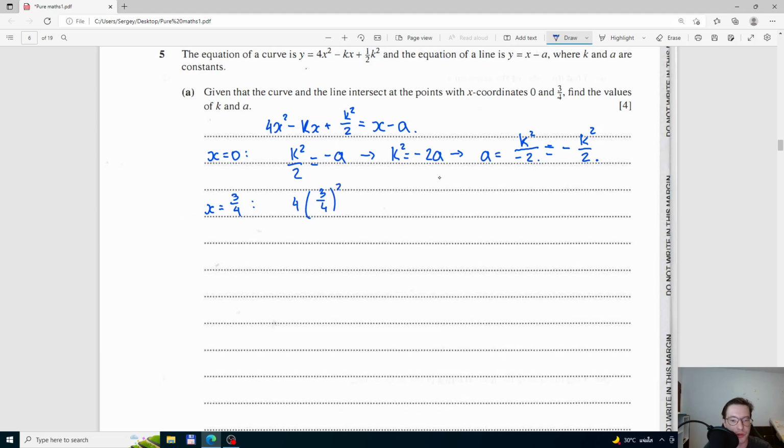I'll just substitute it without talking too much. Okay, so I got this. Let's square 3 over 4 and simplify this a little bit. So 9 over 4 minus 3k over 4 plus k squared over 2 equals 3 over 4 minus a.